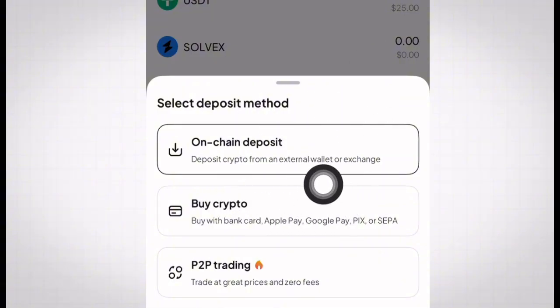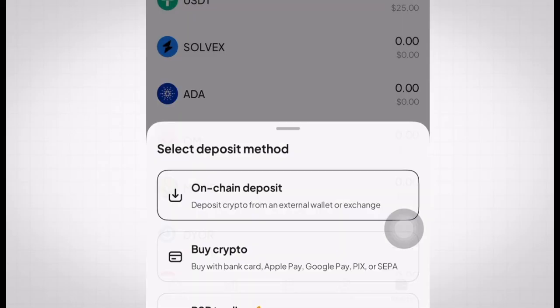Option 1, you're depositing from a different wallet or external exchange, or you're buying with either your bank card, Apple Card, Google Pay, or P2P trading. However, the P2P trading is hot, and I've made a video about it, how to use the P2P trading very well on Weex. You can go ahead and check the video, but in summary, let's say you want to use on-chain deposit.